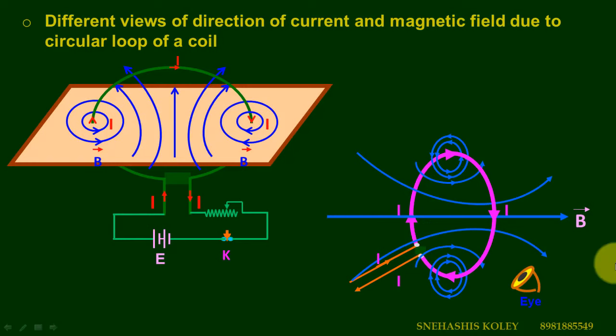If you see from this side, the current will be in the anti-clockwise direction, and that means this side will form a north pole. From this side, if you see the same loop, you will see that the current is in the clockwise direction, and hence this side will form a south pole.